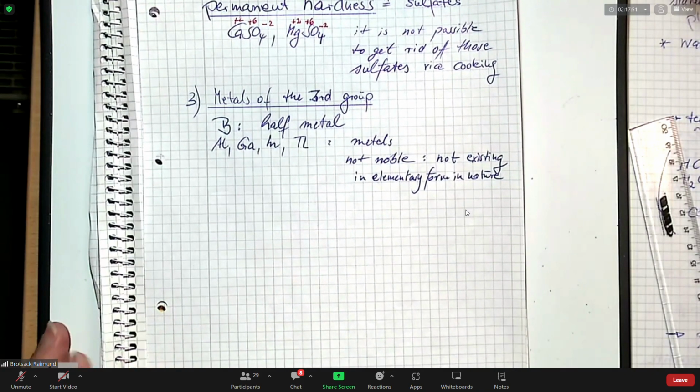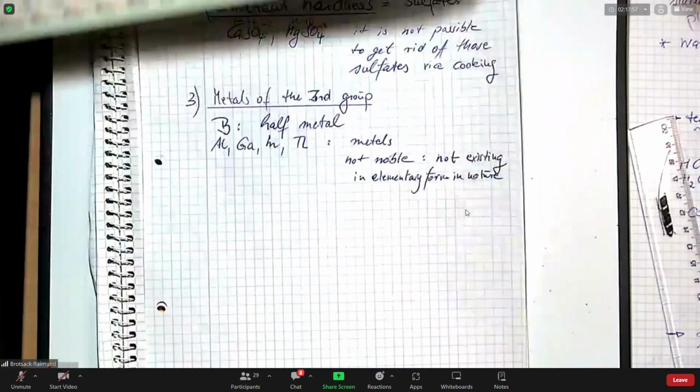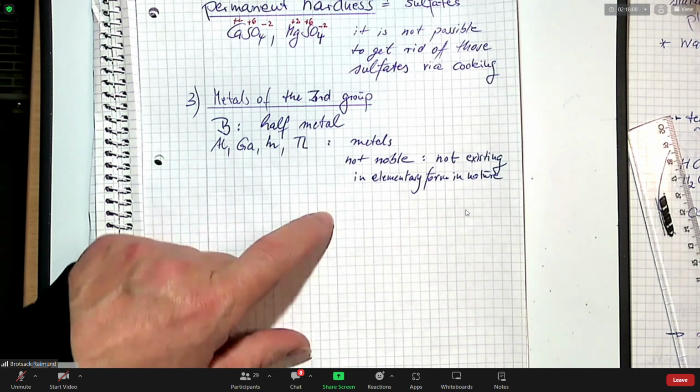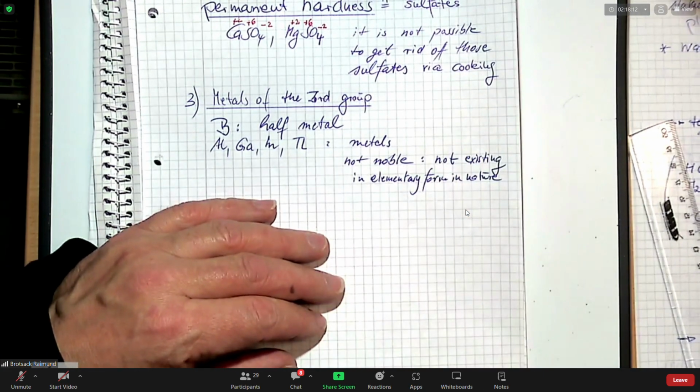What is the oxidation number of those metals in the third group? What is the typical oxidation number of them? It must be +3. So the typical oxidation number is +3.